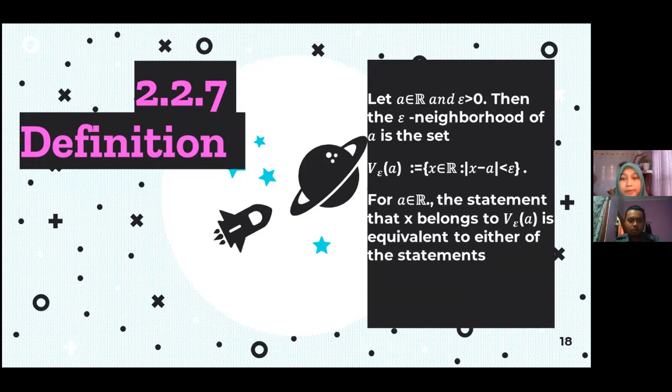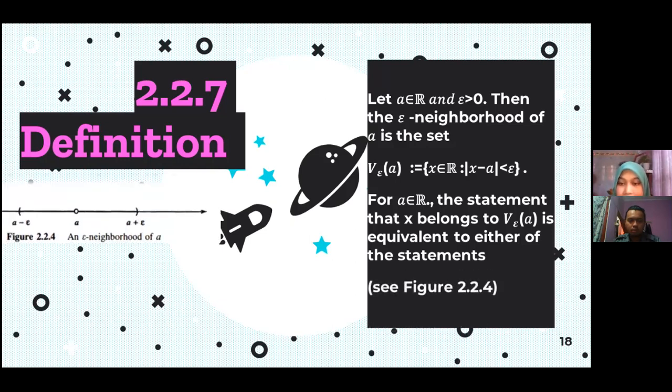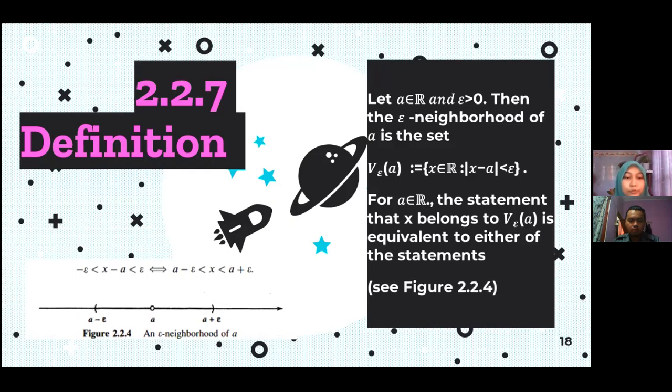For a in the real numbers, the statement that x belongs to V_ε(a) is equivalent to either of the statements. We can see in figure 2.2.4 an ε-neighborhood of a.